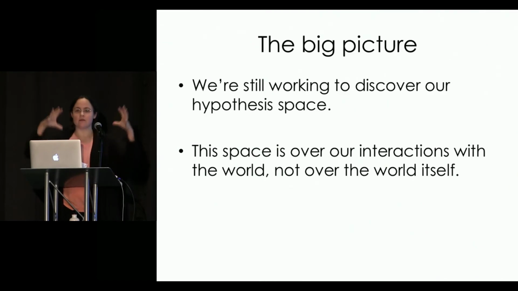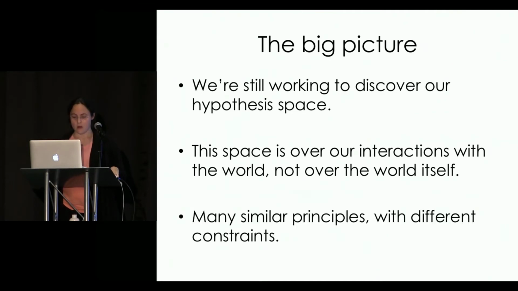But the space is not over what we observe in the world, it's over what we observe of our interactions with the world. Okay? And so the similarity measures that are going to matter is how similarly should I behave in different situations rather than how similar different situations themselves are.